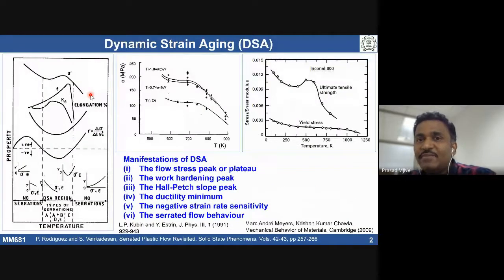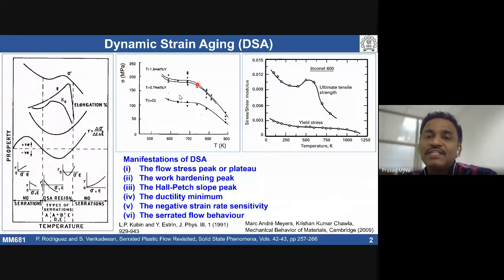Then we discussed the dynamic strain aging aspect, which is quite commonly seen with a substitutional solid solution. When substitutional solute atoms interact with dislocations, we see dynamic strain aging during deformation. Even some interstitial solutes can interact during deformation and lead to dynamic strain aging. It is reflected in the flow stress, where we may see a peak or a plateau, or an increase in flow stress with increasing temperature.